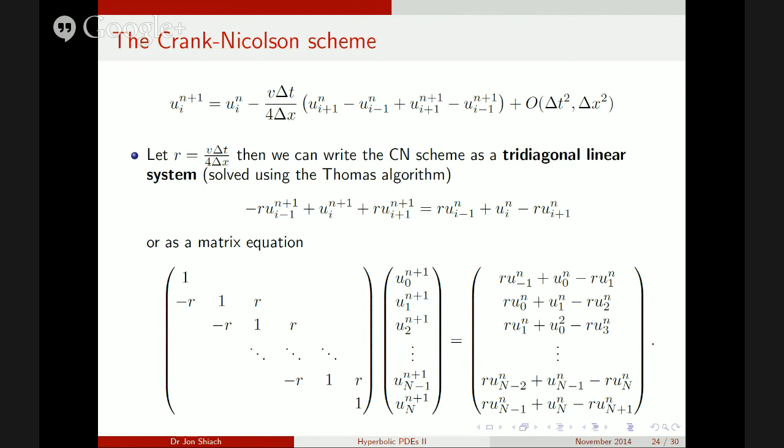I'm not going to show you the MATLAB. If you want to do it yourself, you can. But that's the Crank-Nicolson scheme. So you solve for a whole row of nodes at once using the Thomas algorithm.